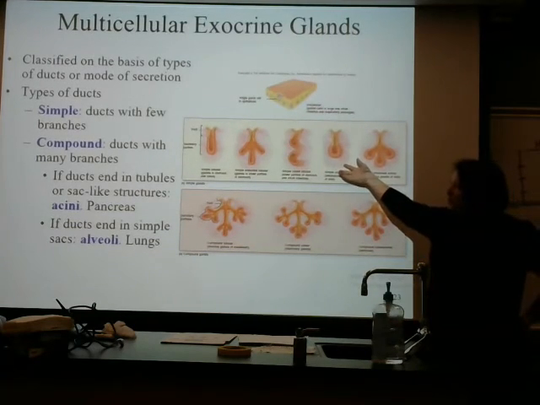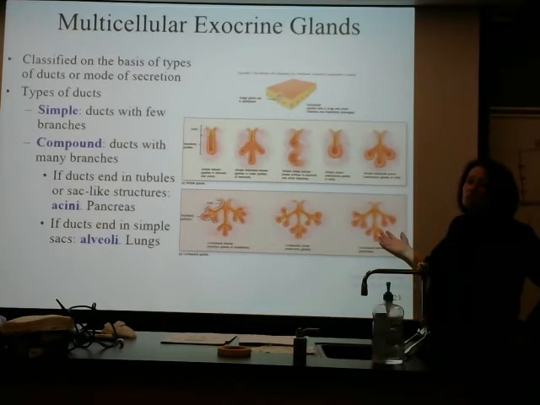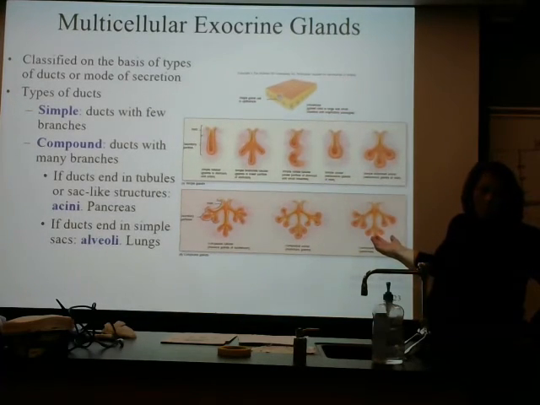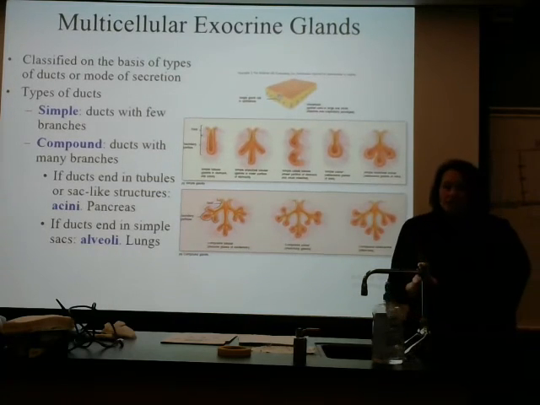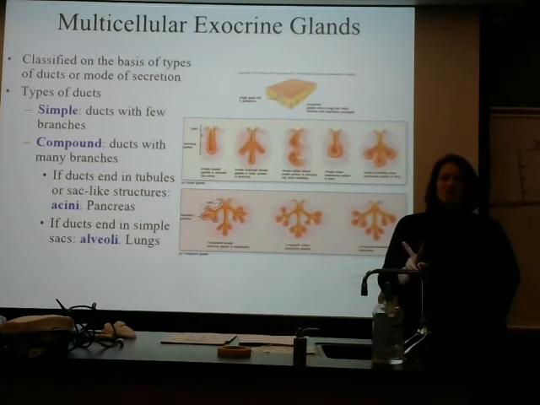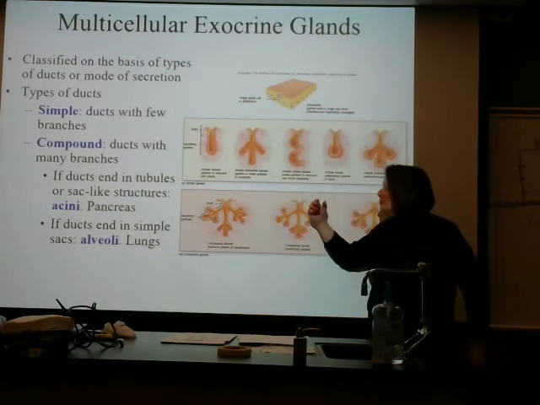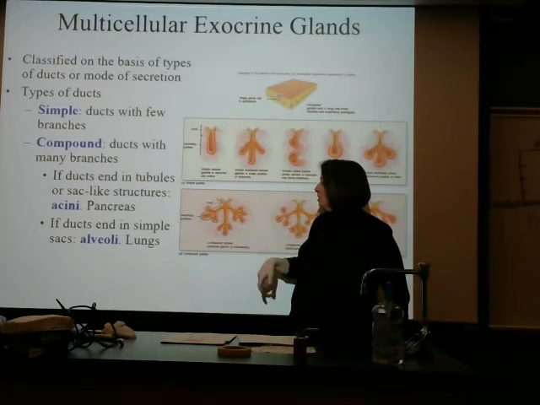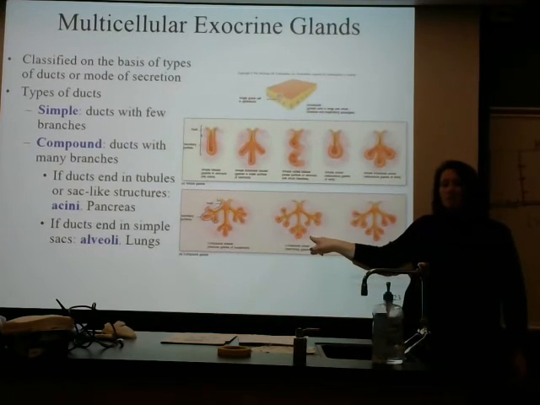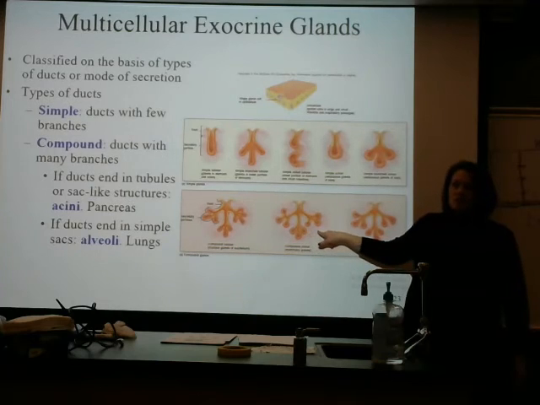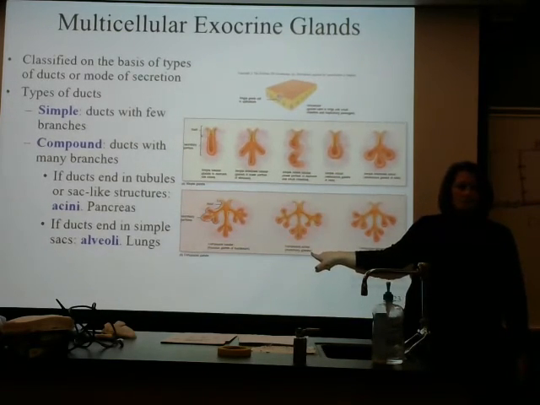Their structure can go from being simple to what looks kind of difficult, depending upon where it is found and what it does. So we can have something simple, like in the stomach and the colon. We can have something that's very compound, complex, such as the mammary glands.